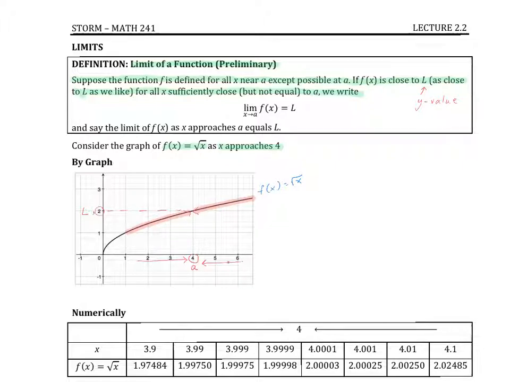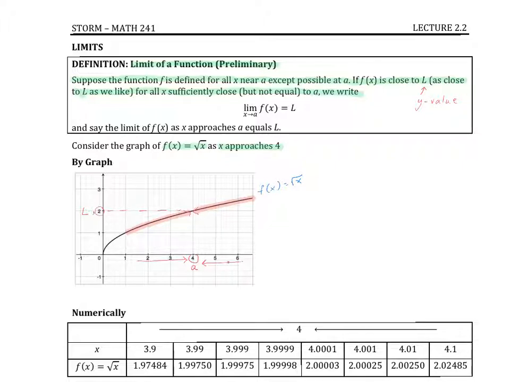All this stuff means is that as we get closer and closer to our a value, which is an x value, so as our x's get closer and closer to a, what are our y values getting closer and closer to? So if the y values are getting closer and closer to some number, and in this case, coming in from the left or the right, our y values are getting closer and closer to 2, then 2 is L, our limit.